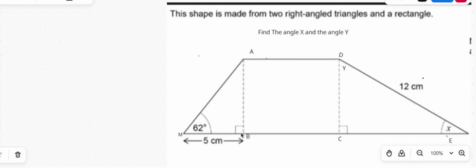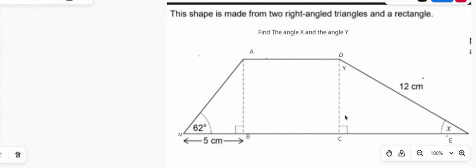Here, as you can see, you have this angle, which is 62, and you have the adjacent. So if you find AB, which is the opposite side to the angle 62, it's going to be equal to DC, okay? Because this is a rectangle shape, so AB should be equal to DC.